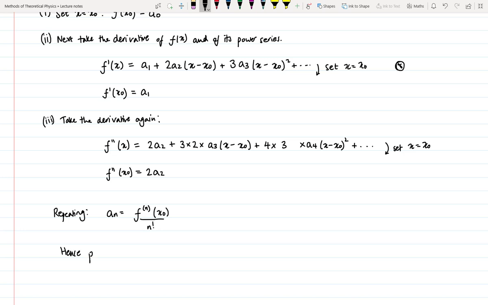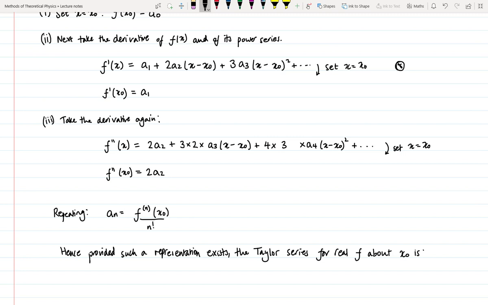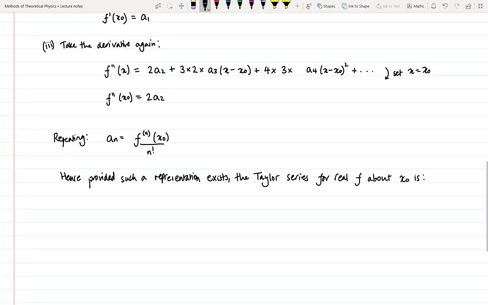Hence, provided such a representation exists, the Taylor series for the real function f about a point x naught is, we can therefore write f of x as an infinite sum of terms whose coefficients are given by this times powers of x minus x naught to the n.